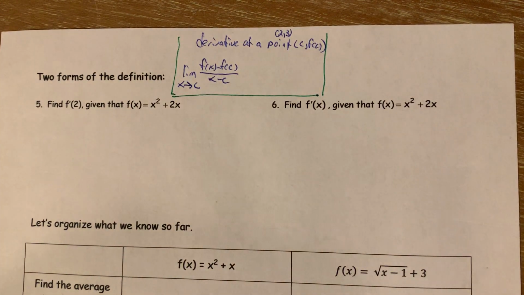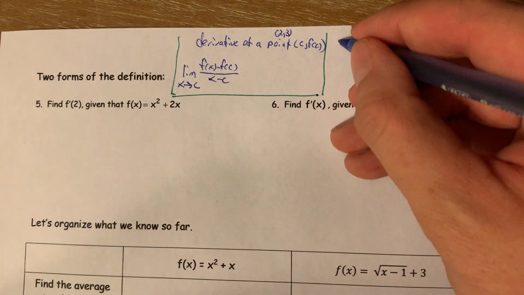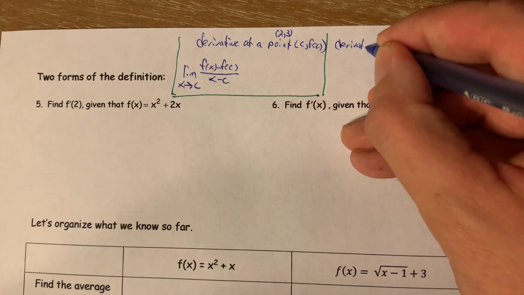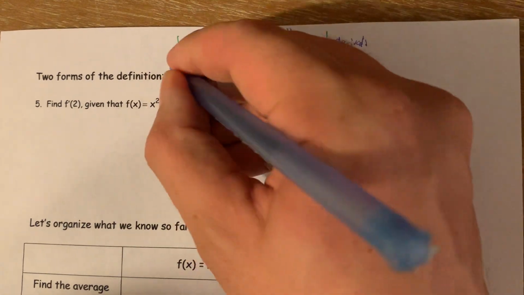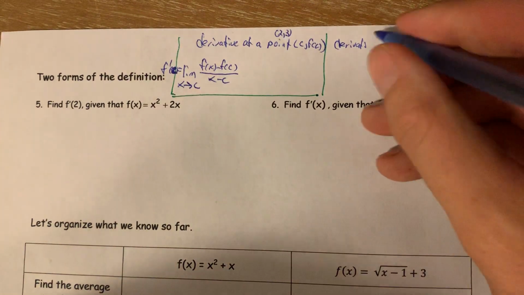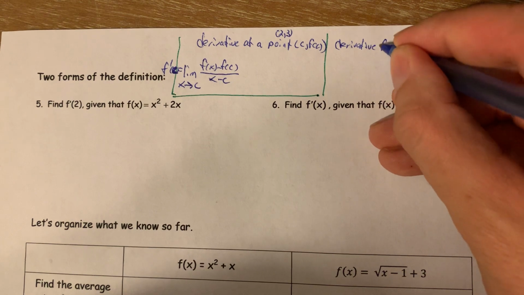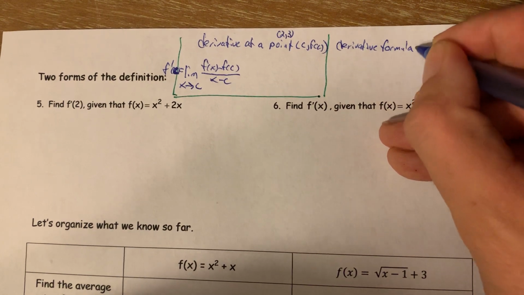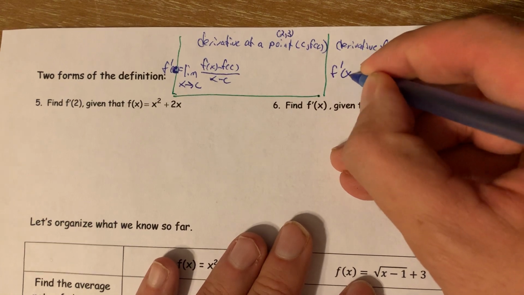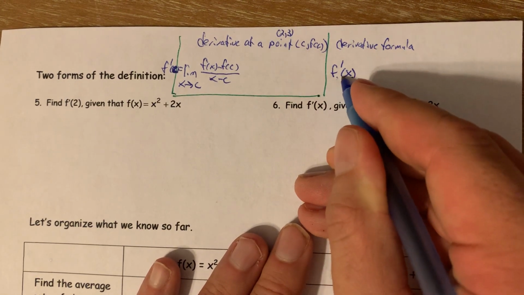This is important. And the other definition is the general derivative formula. The derivative at a point, we call this f prime of c. The derivative formula gives you a formula for the derivative at any point. It's a formula where you put in any x.